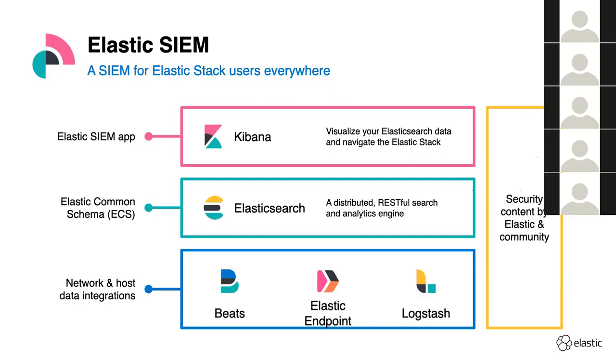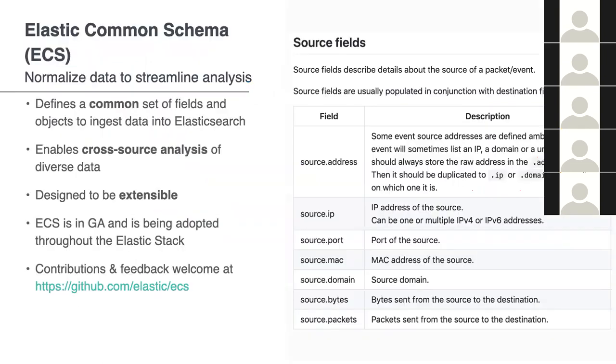Just install Kibana and you will find it directly inside Kibana. Enrich the SIEM app with security content from Elastic and also from the Elastic community. And yeah, let's jump and see the ECS, or Elastic Common Schema.